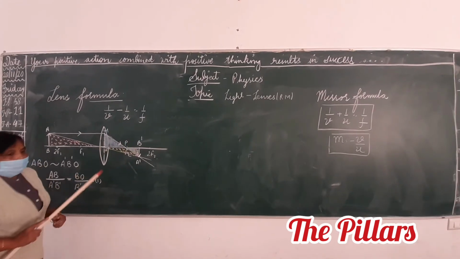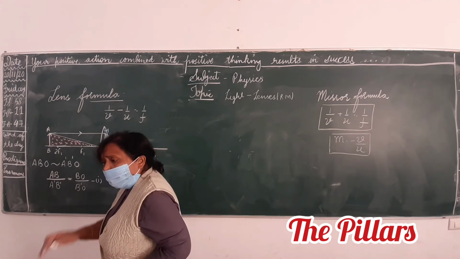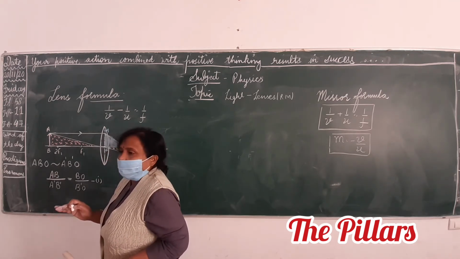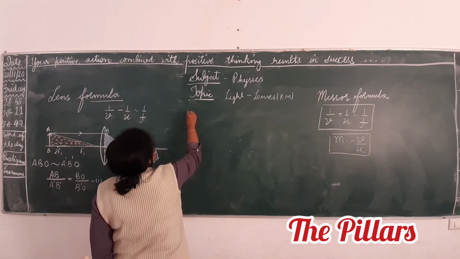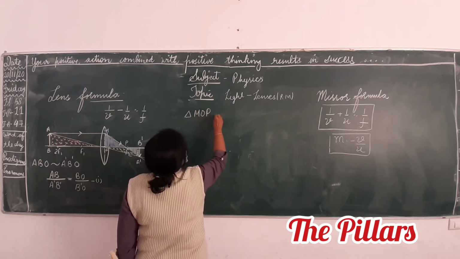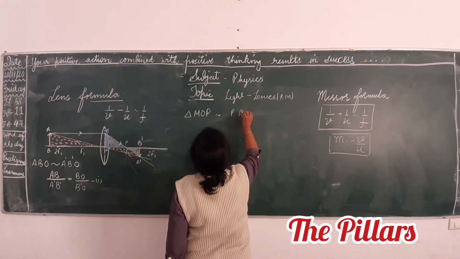So write down: triangle MOP is similar to triangle P A dash B dash.